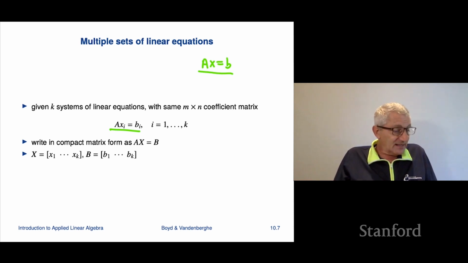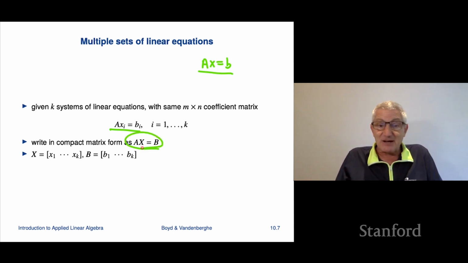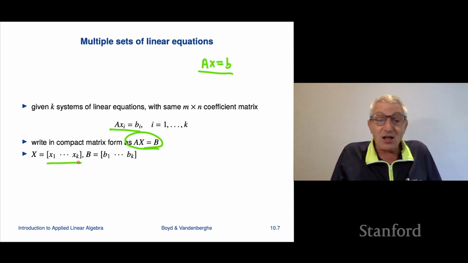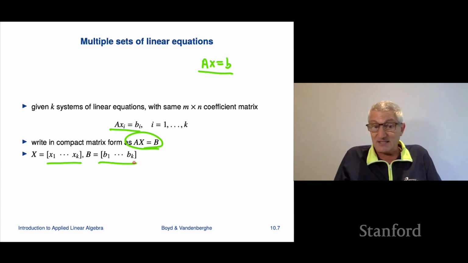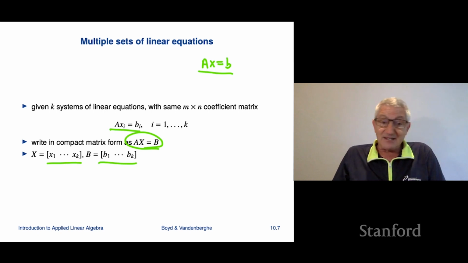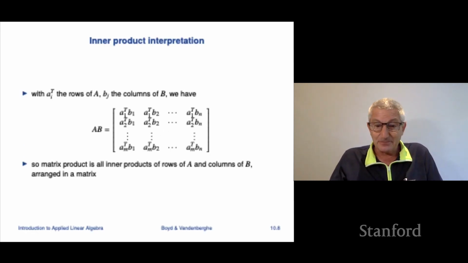Well, we can write that in super compact notation this way. And now I have basically a system of linear equations where X is a matrix, and it literally means that its columns are the different X's and B's are the different B's. By the way, this is going to be important later in the course, but this is the idea. So it's super compact notation if you write stuff out this way.